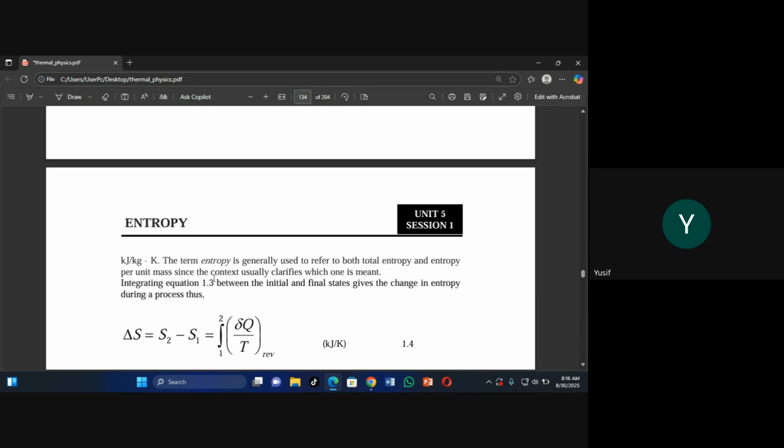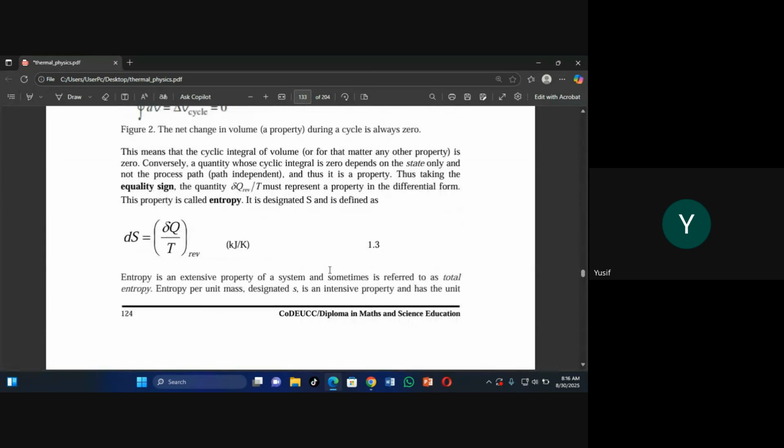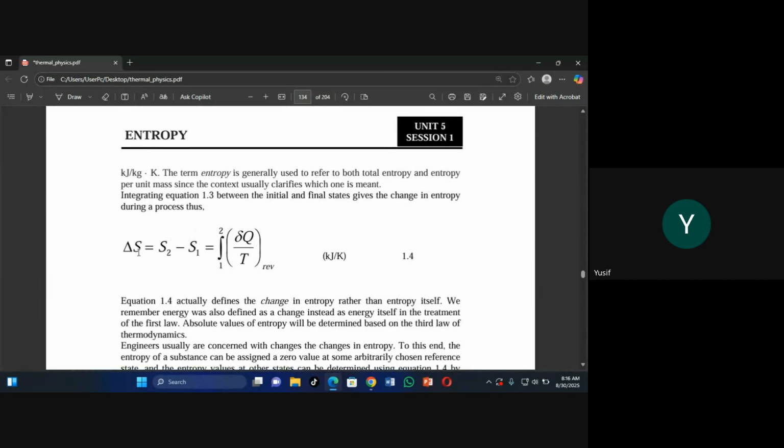Now, integrating equation 1.3 between the initial and final states gives this expression. We are integrating it from the first entropy state to the second entropy state, so that the change in S is equal to that.